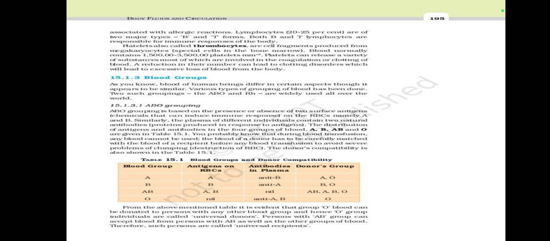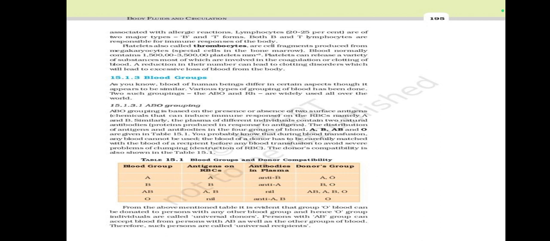Platelets, also called thrombocytes, are cell fragments produced from megakaryocytes, special cells in the bone marrow. Blood normally contains 1,50,000 to 3,50,000 platelets per cubic millimeter.